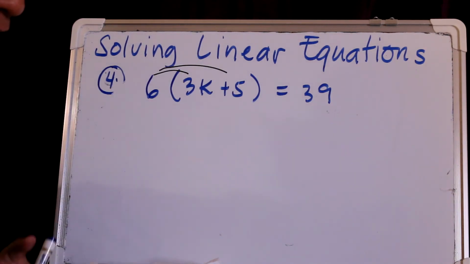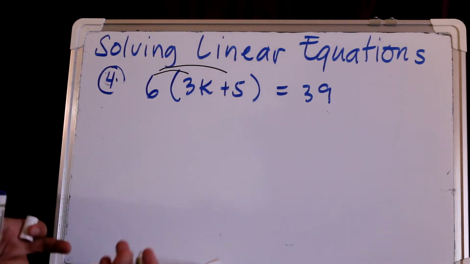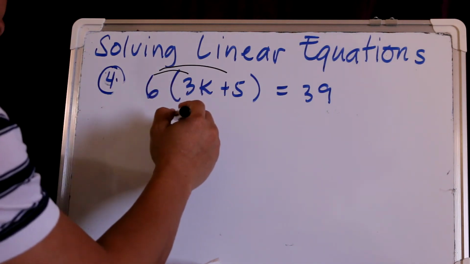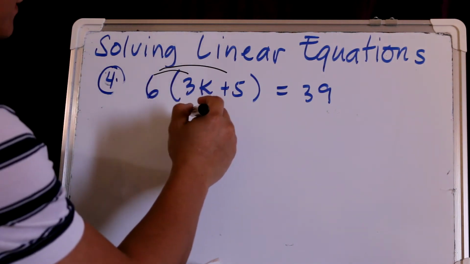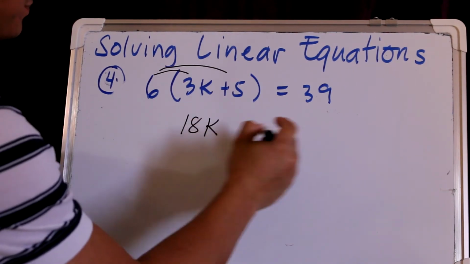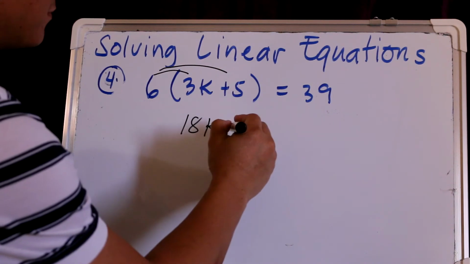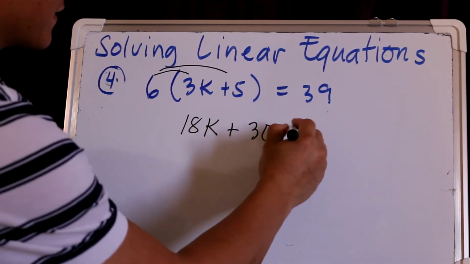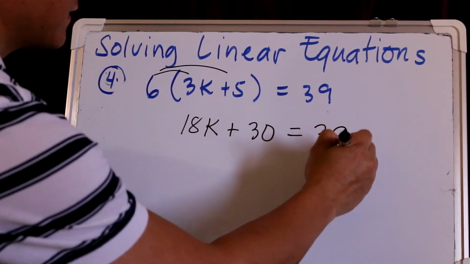If there are things to expand, then we'll expand brackets and then simplify and then solve. So this becomes, okay, 18k then plus 30 equal to 39.